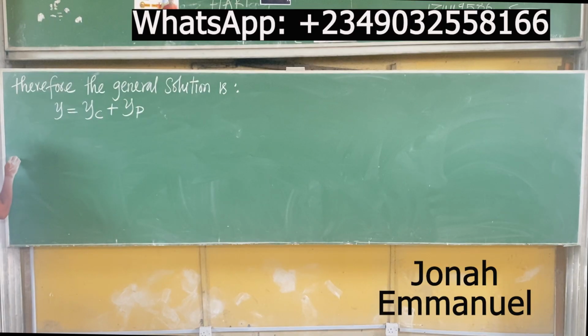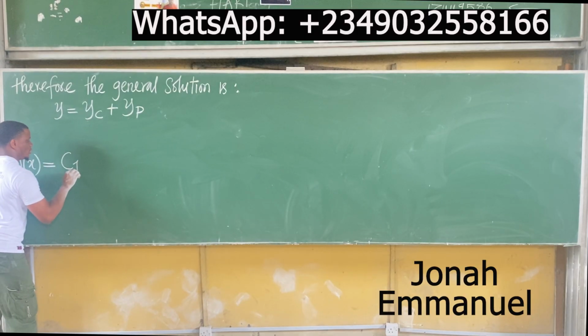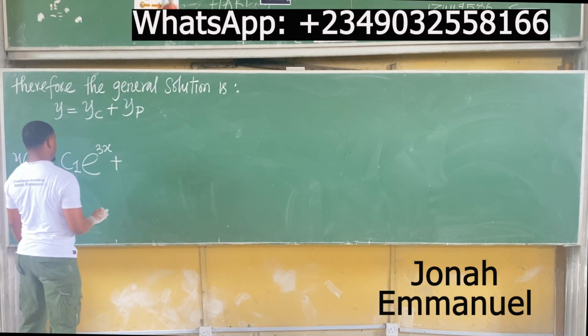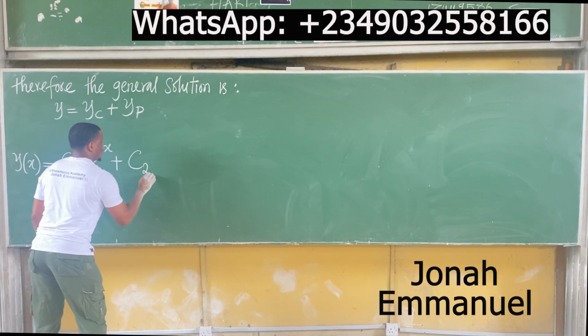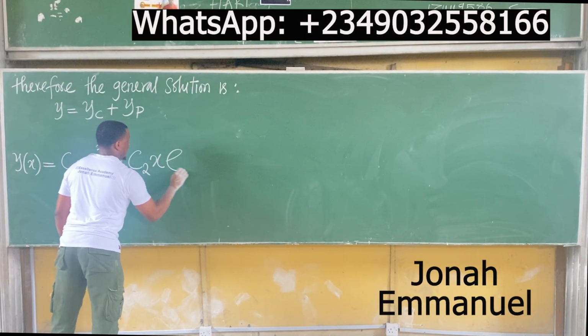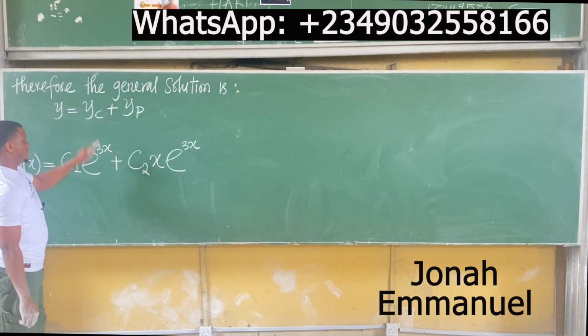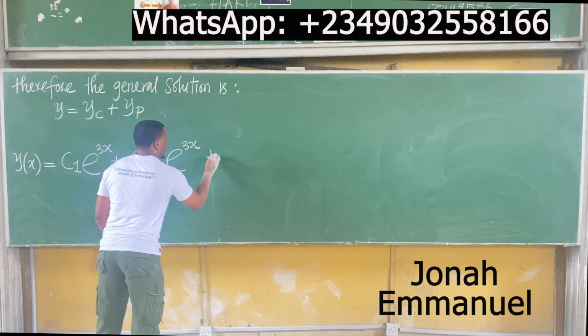All right, so this becomes y of x. It's equal to, please give me yc. Yc is c1 exponential 3x plus c2x exponential 3x. This is for the complementary solution. Plus, give me particular solution.